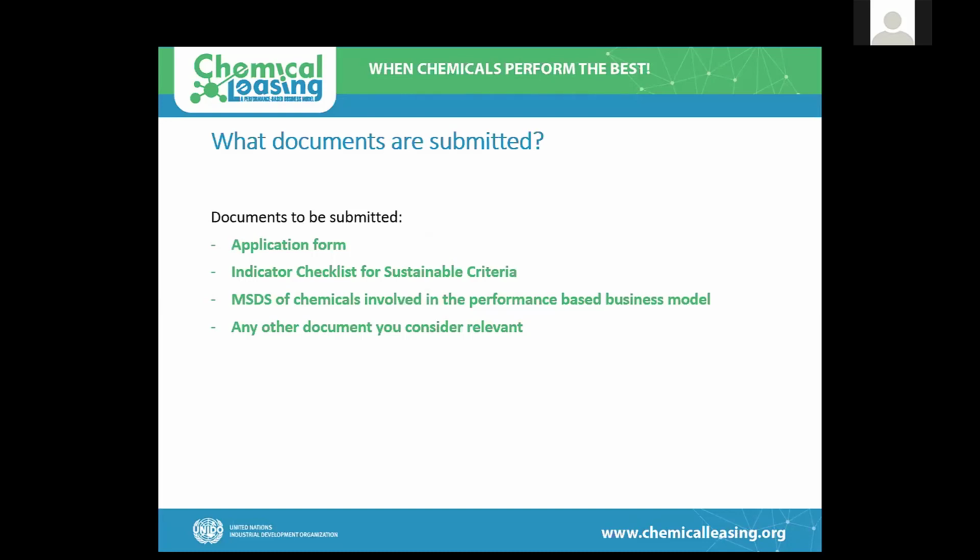Now, what documents are to be submitted? As I said before, the application form completely filled out. This is very important. Try to have as many numbers as possible, relative and absolute numbers. So for example, if you have savings on chemicals, you can present kilograms and/or cubic meters, but also the percentage it represents.